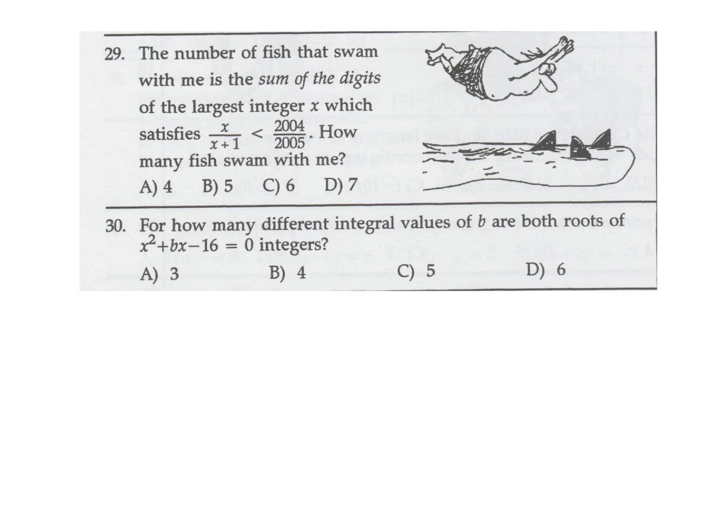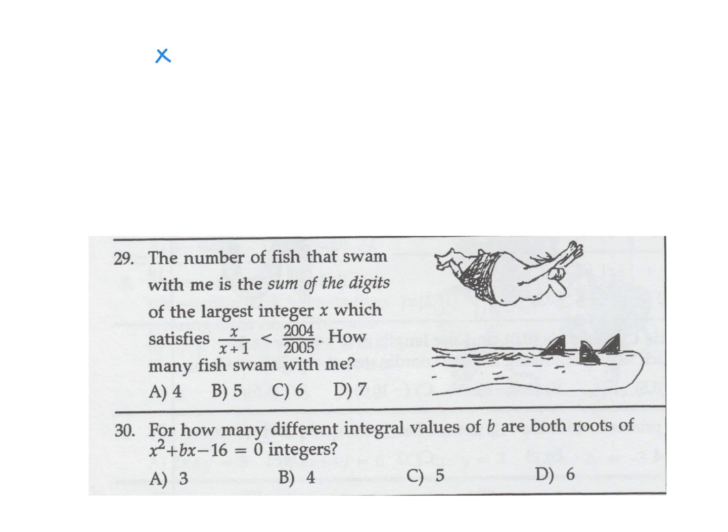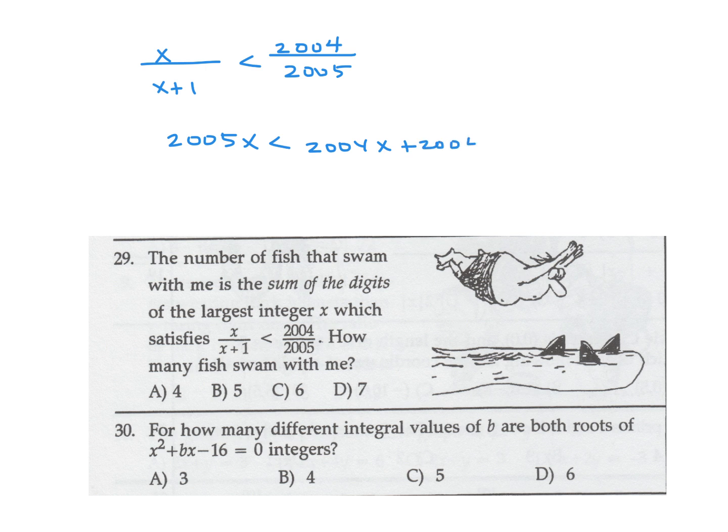The number of fish that swam with me is the sum of the digits of the largest integer x, which satisfies x over x plus 1 is less than 2004 over 2005. How many fish swam with me? So we've got x over x plus 1 less than 2004 over 2005. We cross multiply, so 2005x is less than 2004x plus 2004.